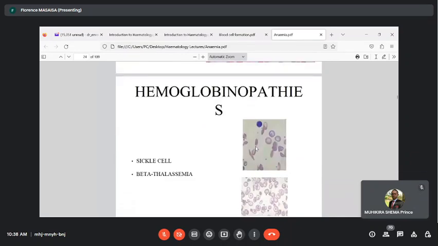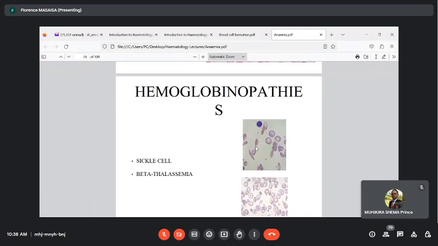Sickle cell anemia, remember in the pathophysiology, we have a genetic change on the beta chain of hemoglobin, where glutamic acid is replaced by valine in that position.